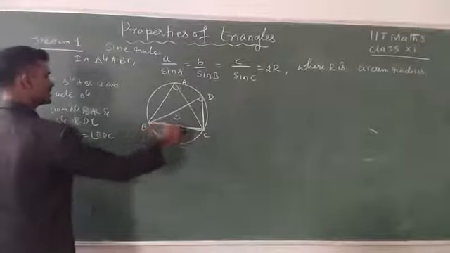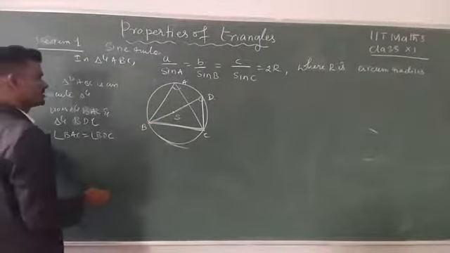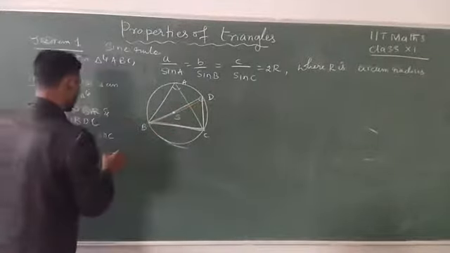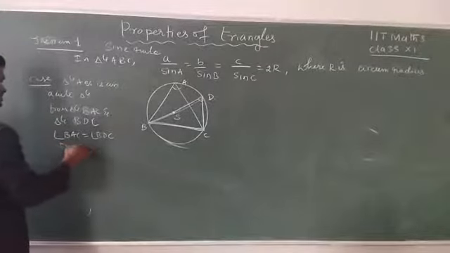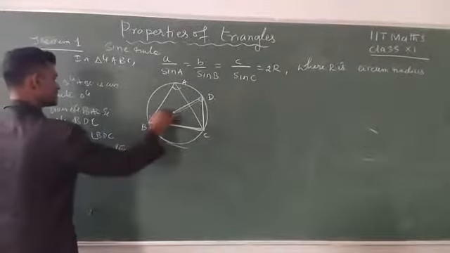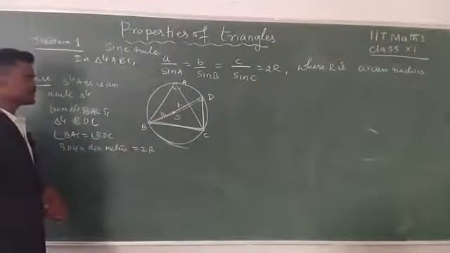Why? Because BC is the common base of these two triangles. Now see here, this is the center, which means BD is a diameter. Diameter means R plus R, which is equal to 2R.